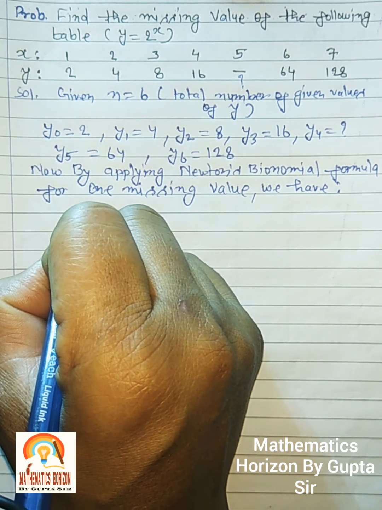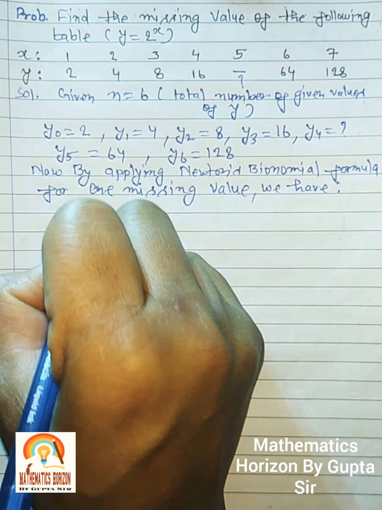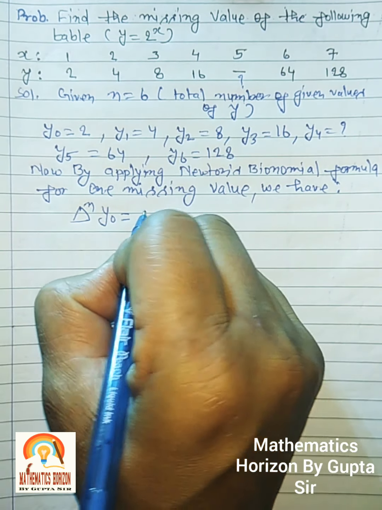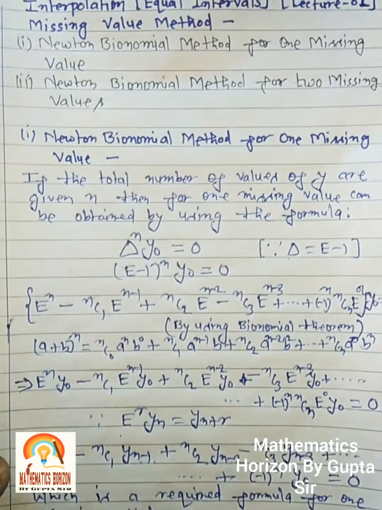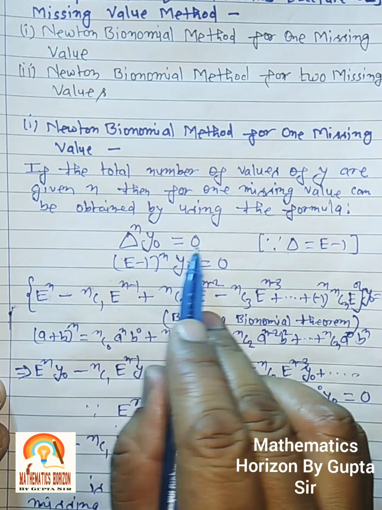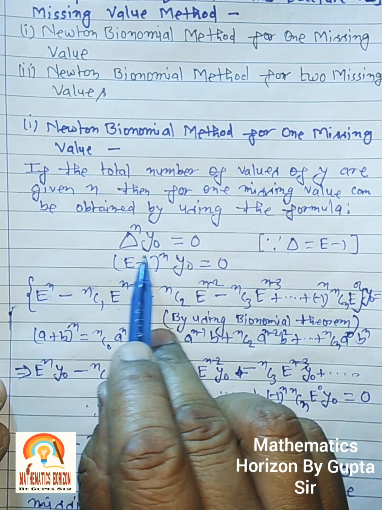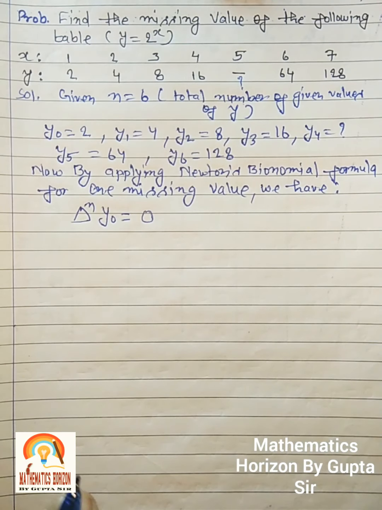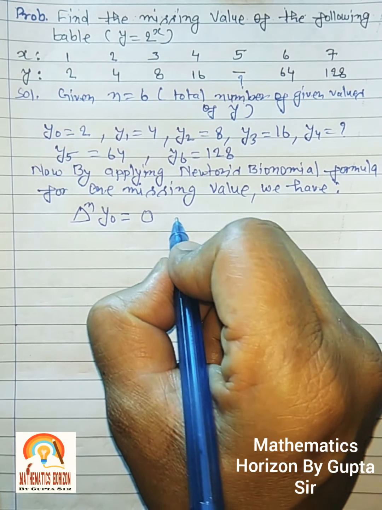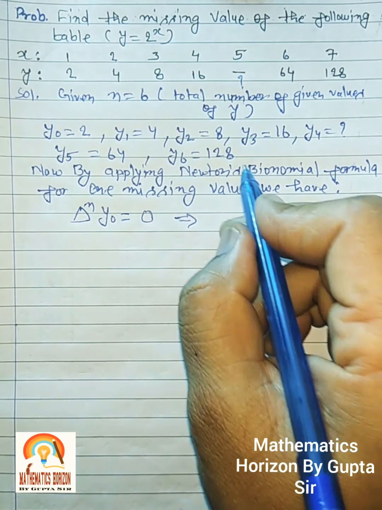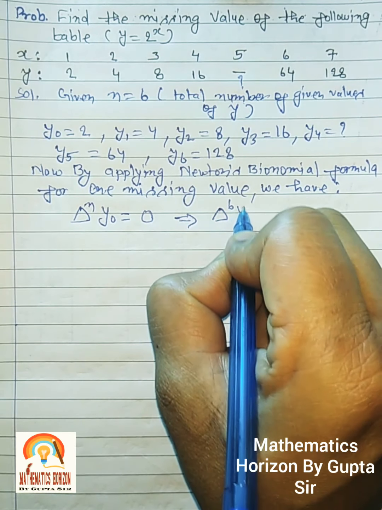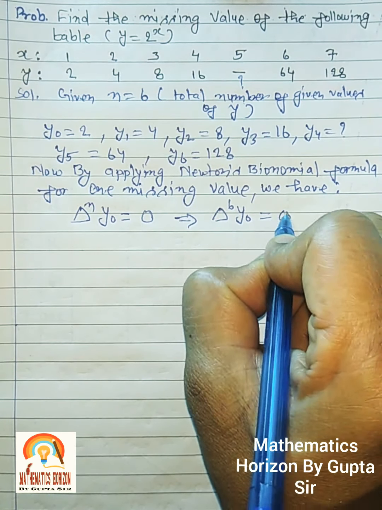The formula is del n y0 is equal to 0. This is the formula, for one missing value. What is the value of n? Here the value of n is 6, which means we have the formula del 6 y0 is equal to 0.